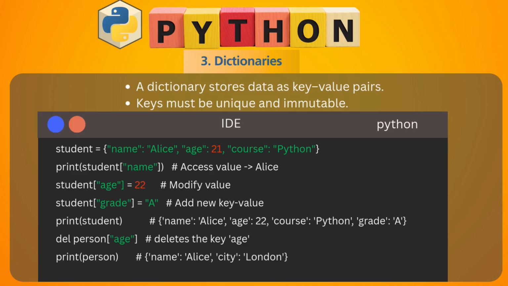Using del, we can remove a key and its value. Here we deleted age. Dictionaries are flexible. Here we removed city from another dictionary. So remember, dictionaries store the data in key value pairs. You can access, modify, add or delete items anytime. One of the most powerful data structures in Python is the dictionary.